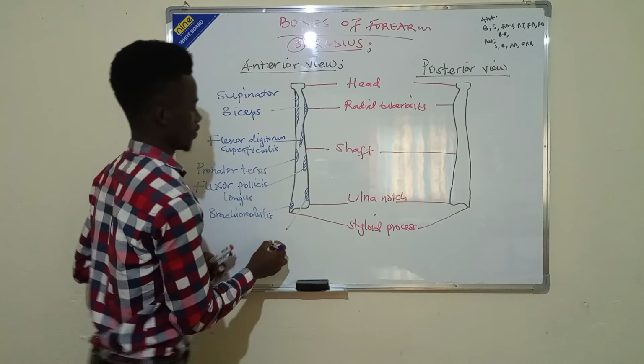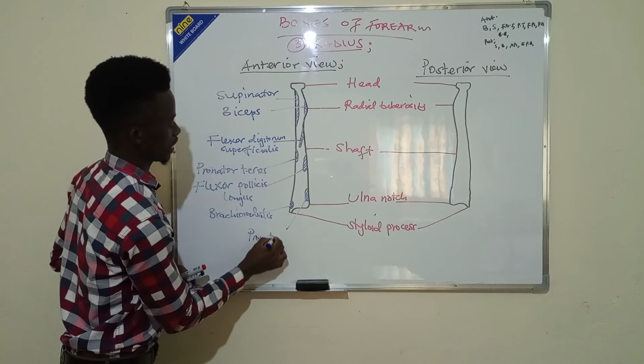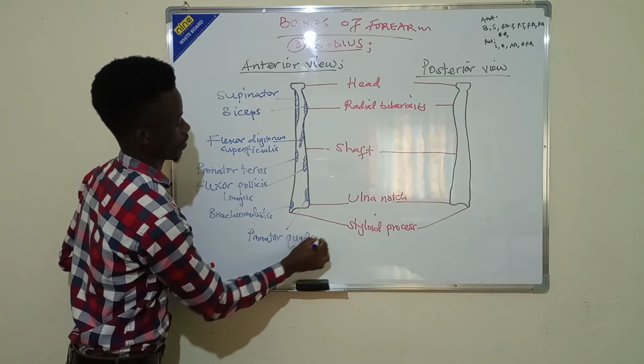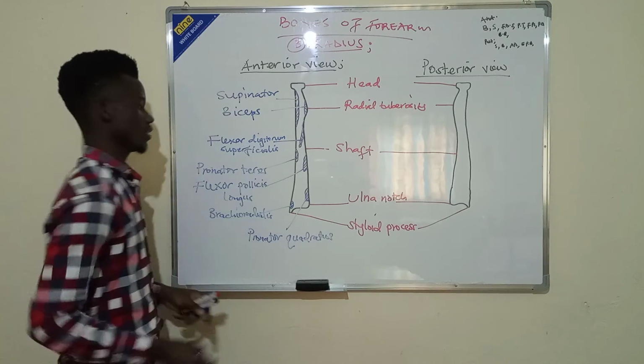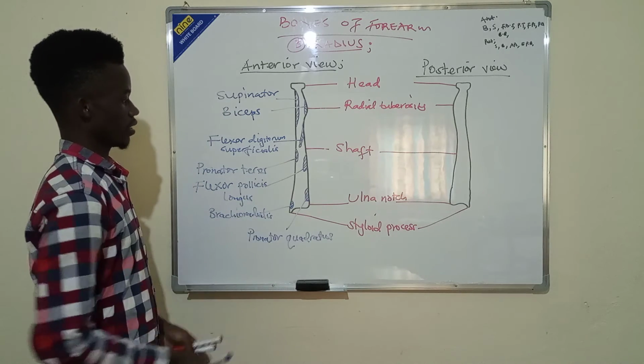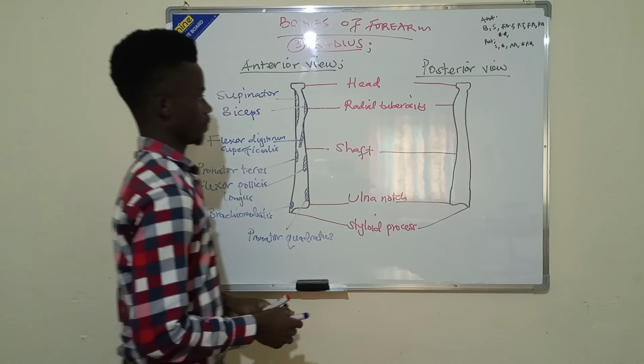Then here we have the pronator quadratus. So pronator quadratus originates from the ulnar aspect and then inserts on the radial aspect there.